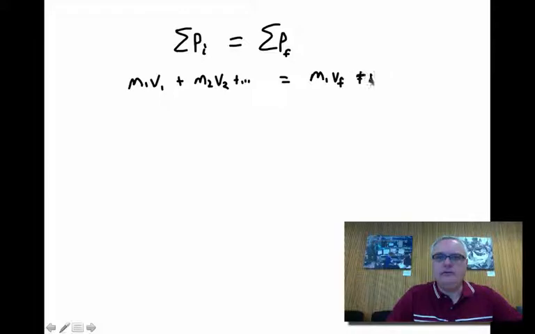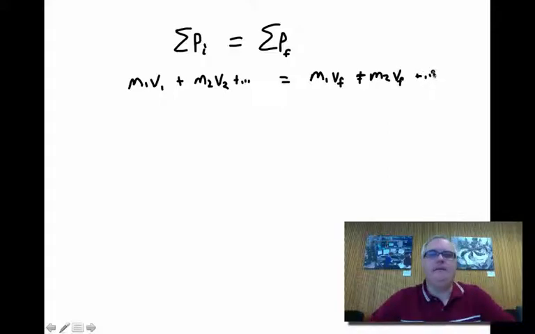Plus m2 v2 final plus however many, okay? So we're just adding momentum before and setting it equal to momentum after a collision or after an interaction.